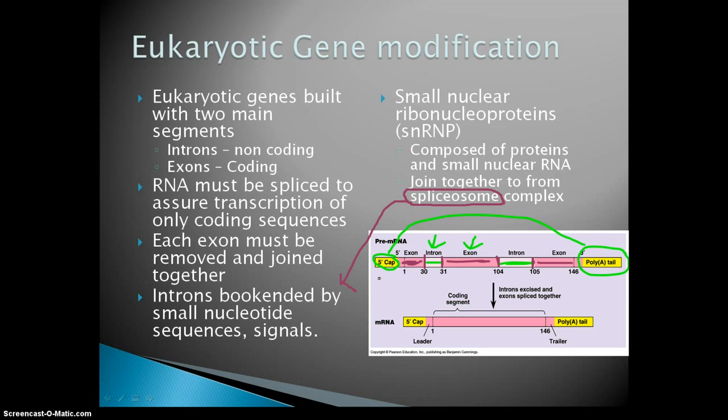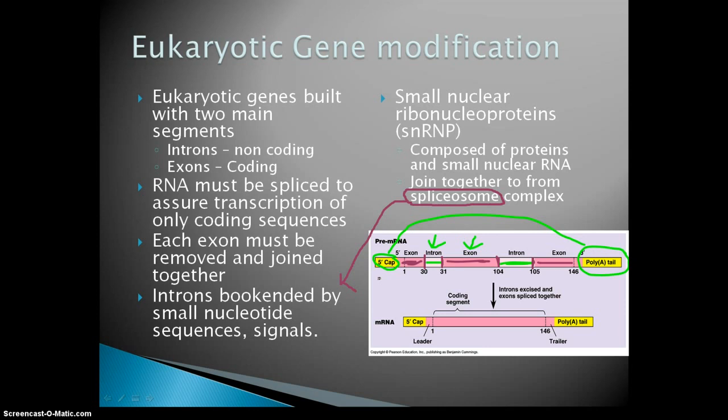It's actually something we call small nuclear ribonucleoproteins, all right? So they're basically just small pieces of proteins that are associated with RNA, and then also small pieces of RNA that join together. Remember, we talked earlier about how RNA has some enzymatic properties.